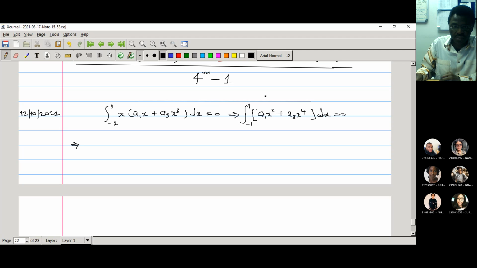Which implies, if we integrate this, we have A1 x cubed over 3 plus A3 x to the 5th over 5 equal to 0.